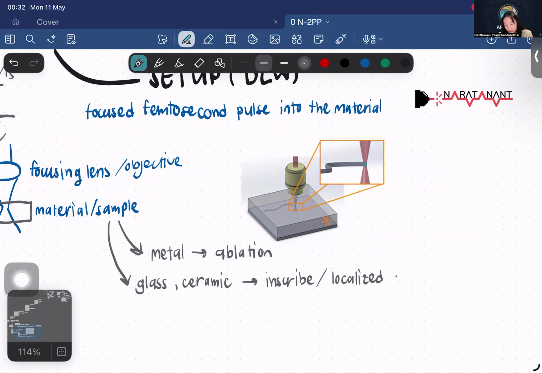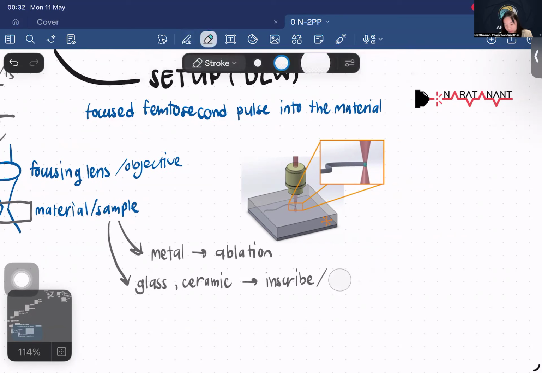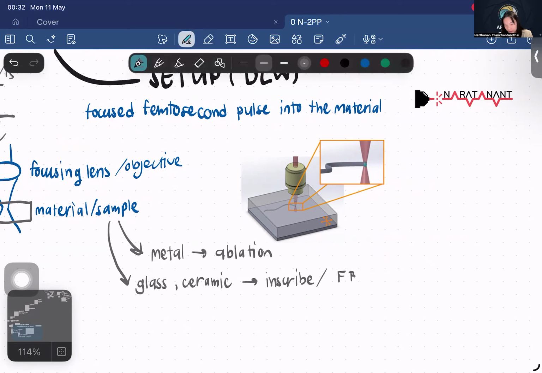It is used in the fabrication of fiber Bragg gratings, glass fiber Bragg gratings, which use this technique to create refractive index modulation inside a glass fiber. So it induces a refractive index change, or the inscription is similar to optical storage.